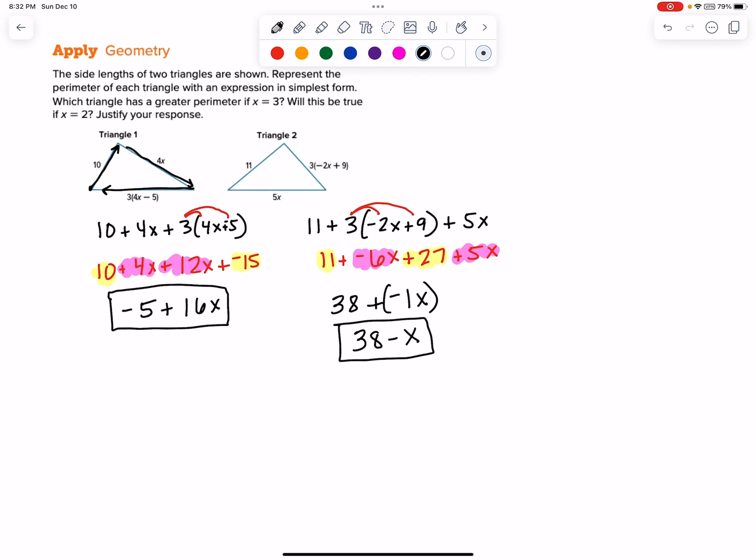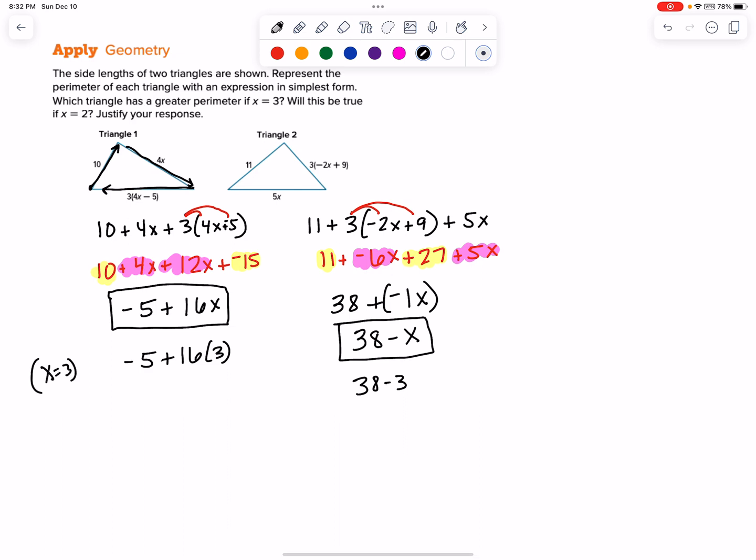So for this problem, they're saying, which triangle has the greatest perimeter if x equals 3? Well, let's just go ahead and plug 3 in. So we're substituting a 3 in there, and we're substituting a 3 in there. It makes it nice and easy. So this is x equals 3. I'm just putting it in parentheses there.